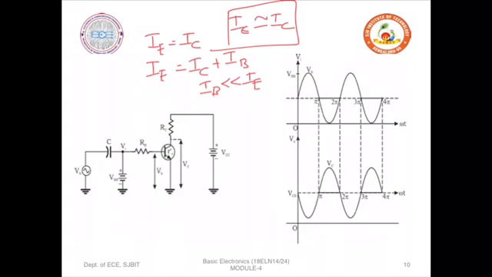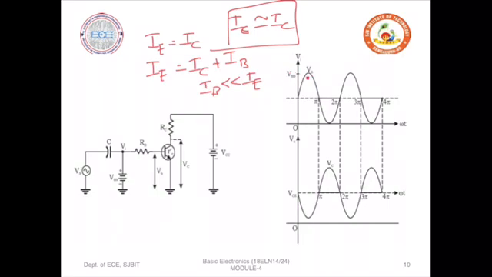Let us first consider an AC voltage, which we represent as Vs. This AC voltage has to be amplified, and as we can see, it is superimposed on the DC bias voltage VBB.